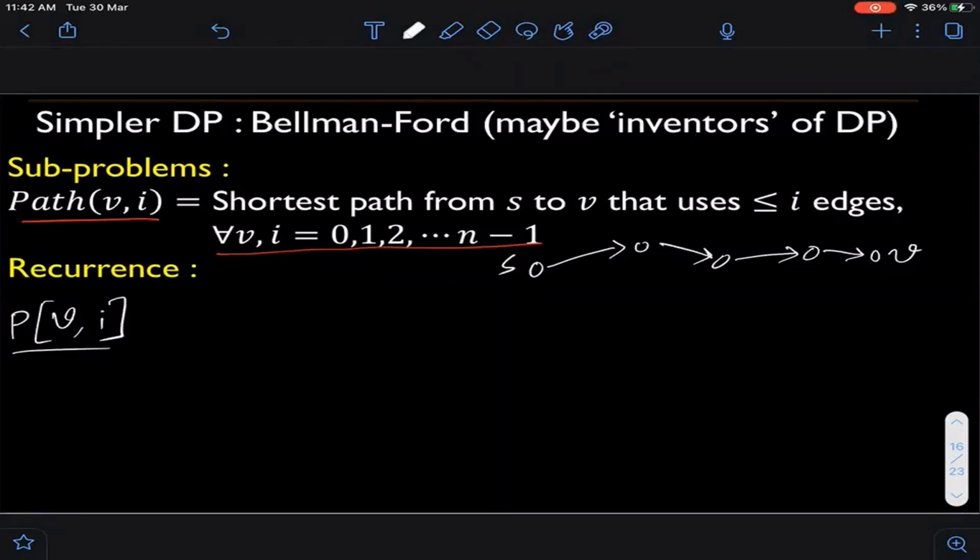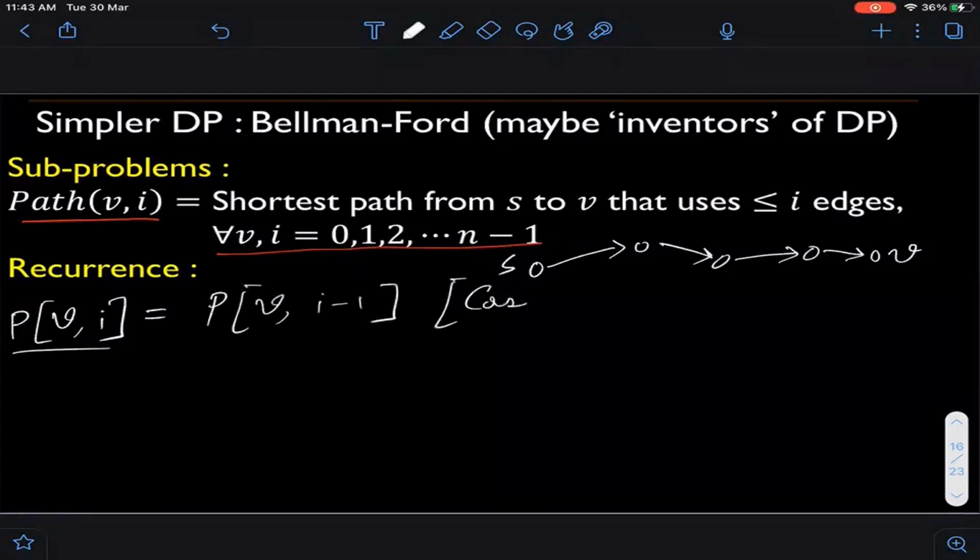If that is the case, then what will the recurrence be? If the shortest path from S to V using a budget I does not use the entire budget, it uses a budget which is less than I, then which subproblem does it boil down to? Then it's already calculated, which means it's P V I minus 1.